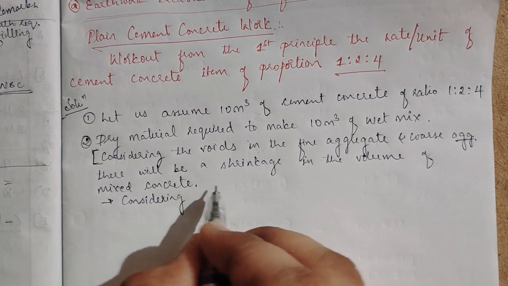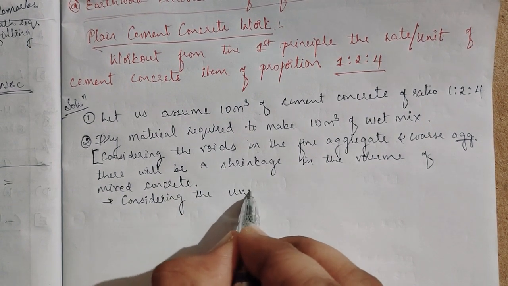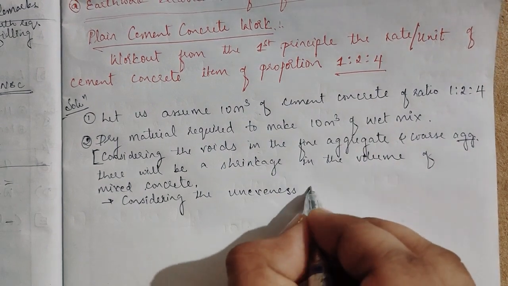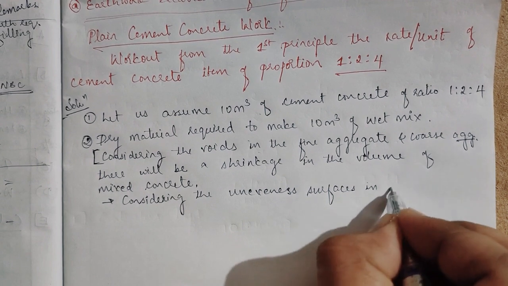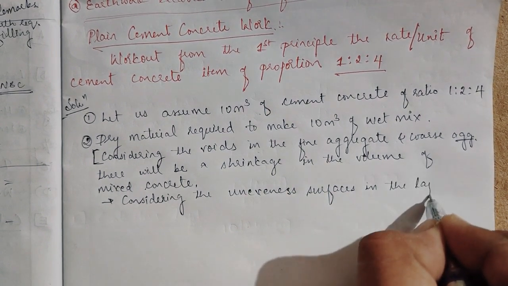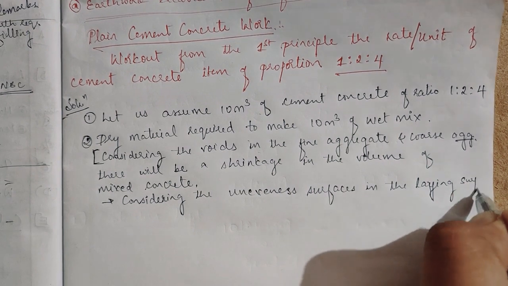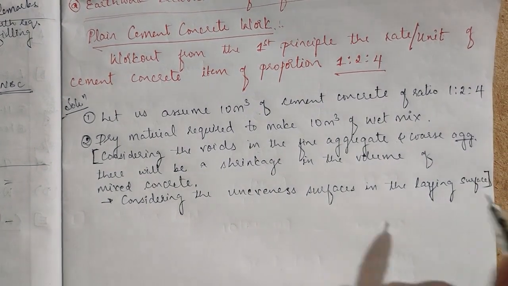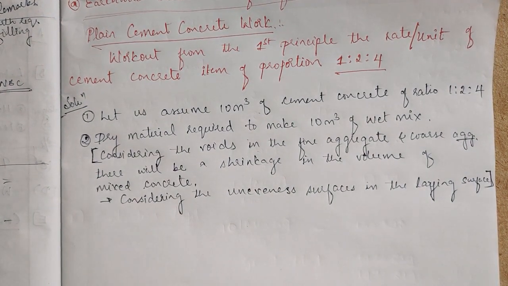So considering the unevenness of the laying surface and also considering the voids in the fine aggregate and coarse aggregate, there will be shrinkage in the volume.